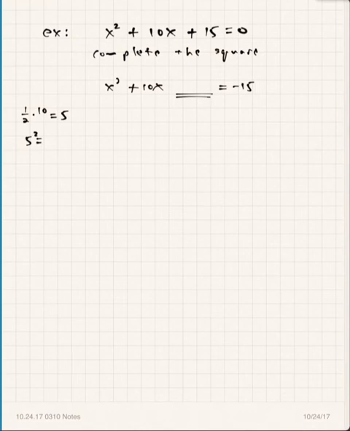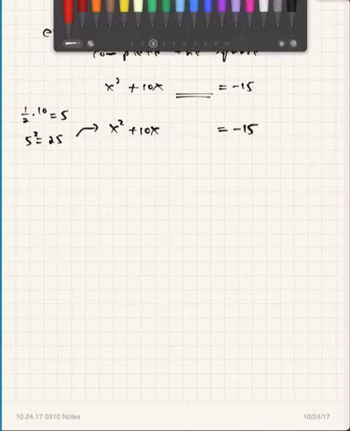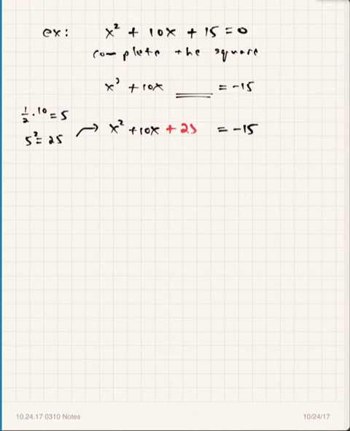Remember, it's a two-step process. So 25 is the number I'm going to add to both sides of the equation. So I have plus 25 here and plus 25 over here. Remember, you have to add it to both sides.